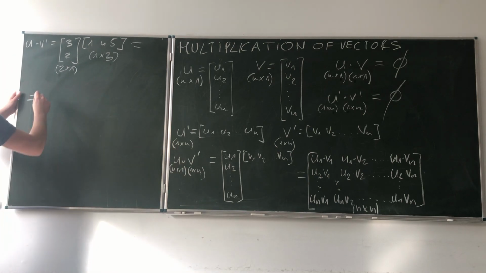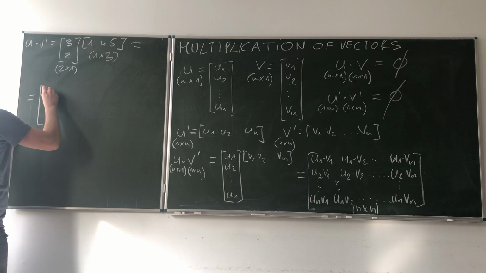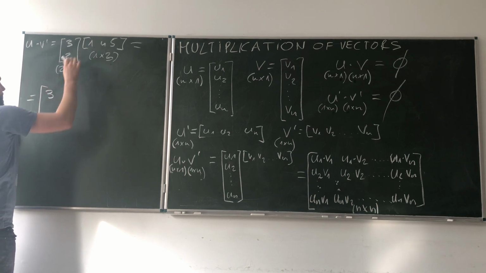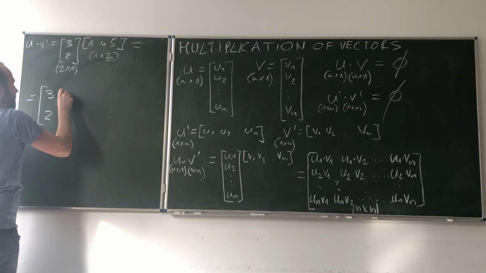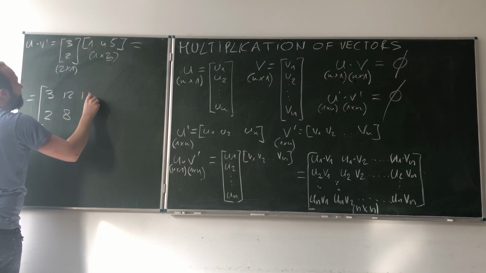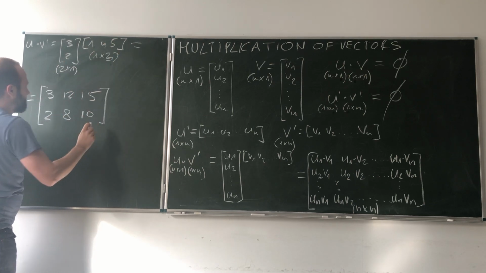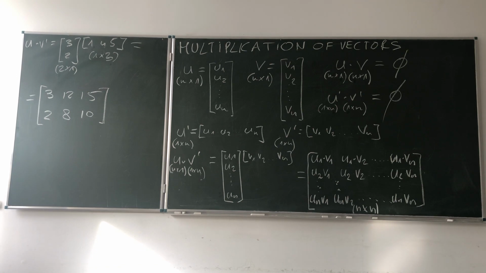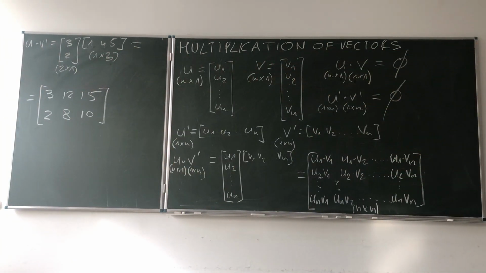Okay, so first, 3 times 1, 3. 2 times 1, 2. 3 times 4, 12. 2 times 4, 8. 3 times 5, 15. 2 times 5, 10. So this is how we multiply when the first vector is a column vector and the second vector is a row vector.